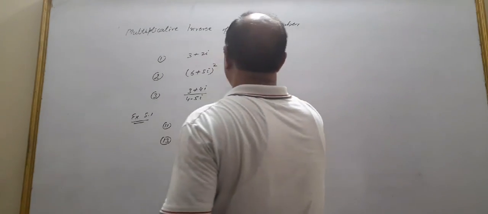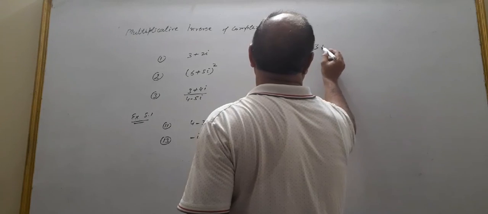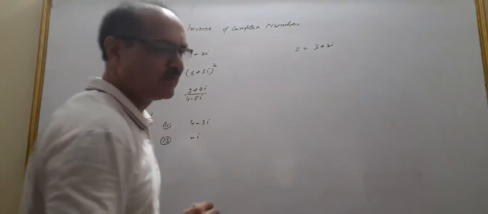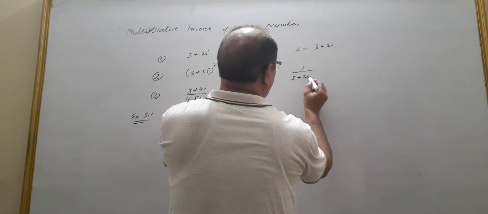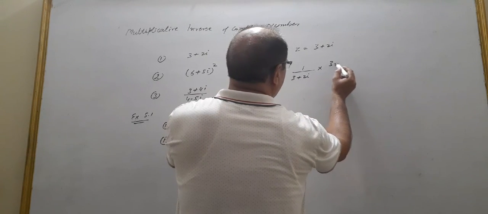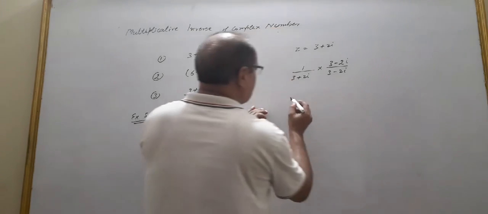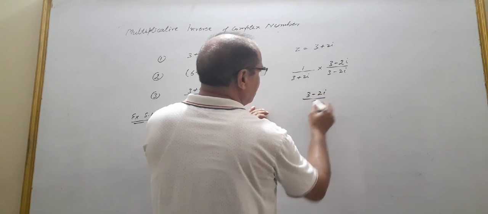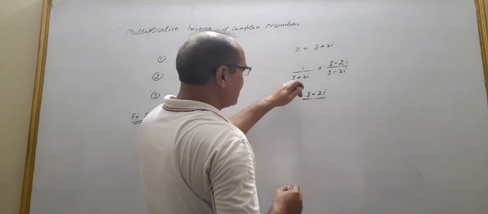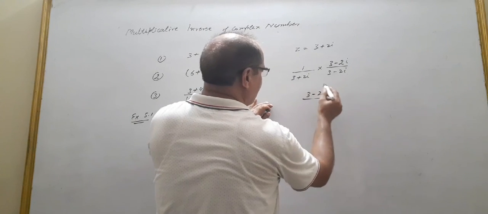Now first of all, I am starting with this. Z is equal to 3 plus 2 iota. Write its multiplicative inverse. So this can be written as 1 upon 3 plus 2 iota, and rationalizing this, the numerator is as it is, and in the denominator this becomes a square plus b square, always in the case of a complex number, because iota square is minus 1.